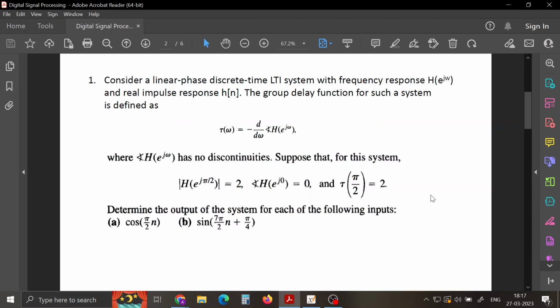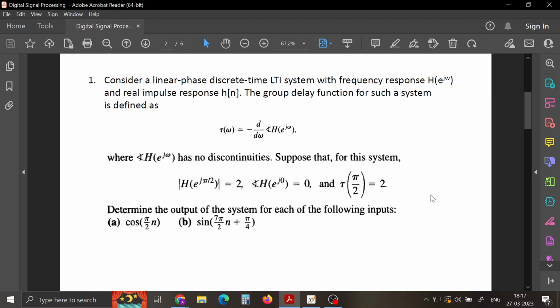So I had already read out the first question, so I hope you can see it. In the first question, we have been given a linear phase discrete time LTI system having a frequency response capital H of e power j omega, and with a real impulse response small h of n.